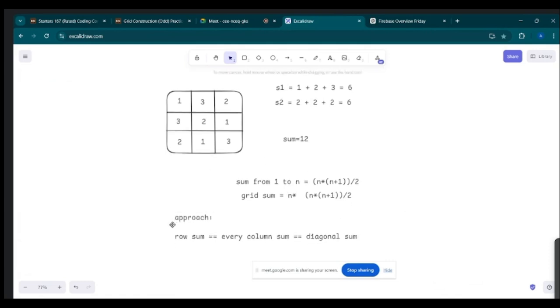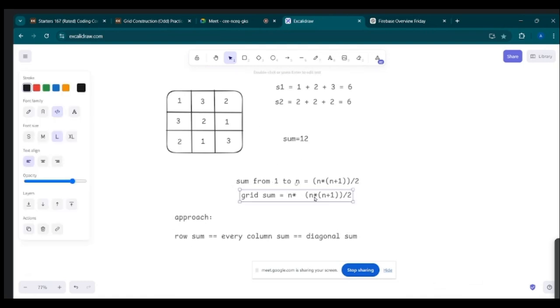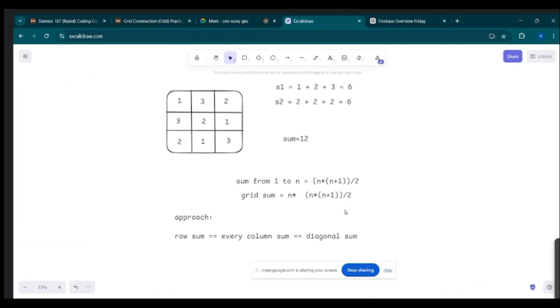And our approach is to make every row sum equal to every column sum equal to the diagonal sum. To make every row sum equal, we have exactly n rows, and our total grid sum is n into n plus 1 by 2, so we can divide it by n, right?